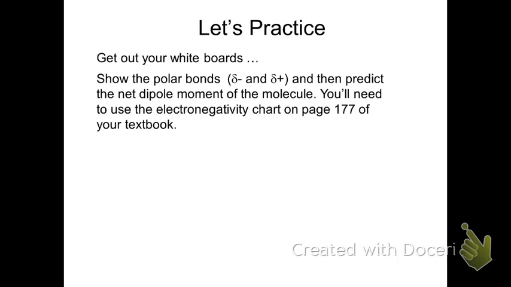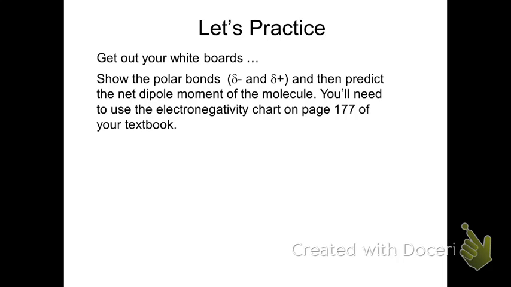You'll need to use your electronegativity chart, which is on page 177 of your textbook if you're not sure about the electronegativities. For many of them, you can just look and know from your periodic trends from chapter 6, and you shouldn't have a problem figuring out which element is more electronegative.